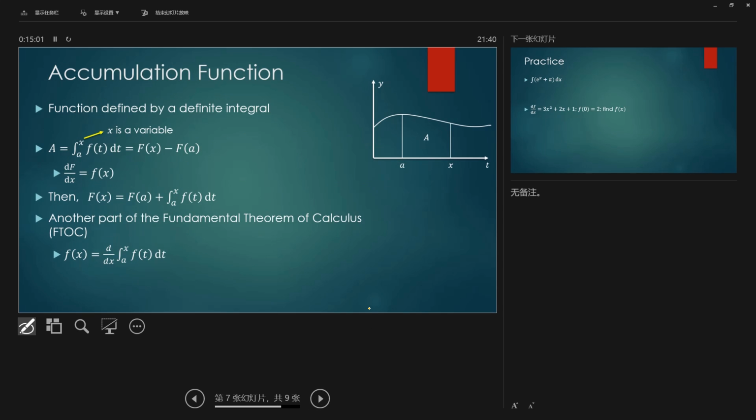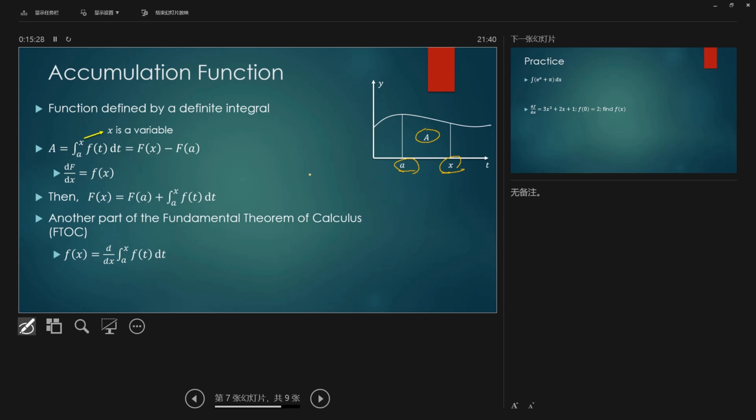Okay, so here we come to the accumulation function. It is a function defined by a definite integral. So it basically represents the area. It equals the integral from a to x of f(t) dt, which equals capital F(x) minus capital F(a).